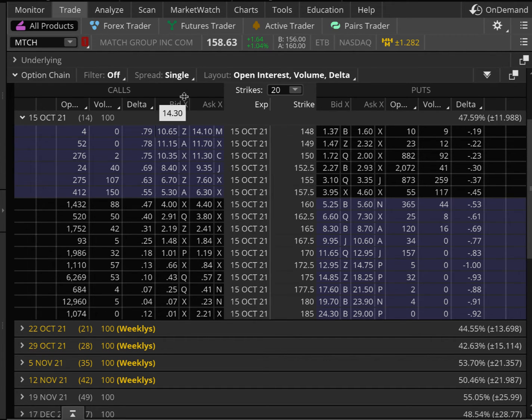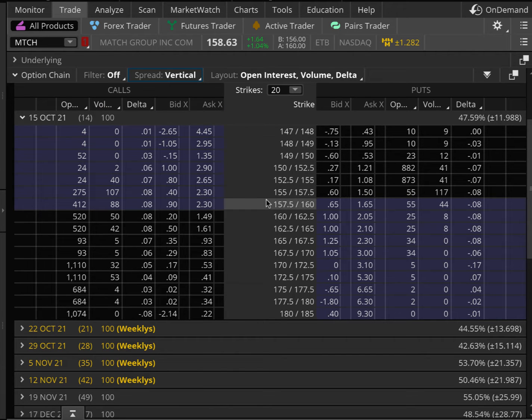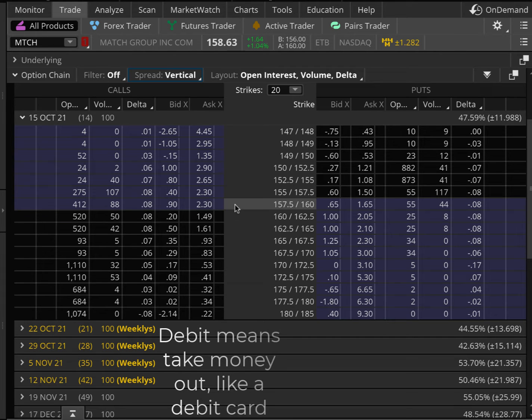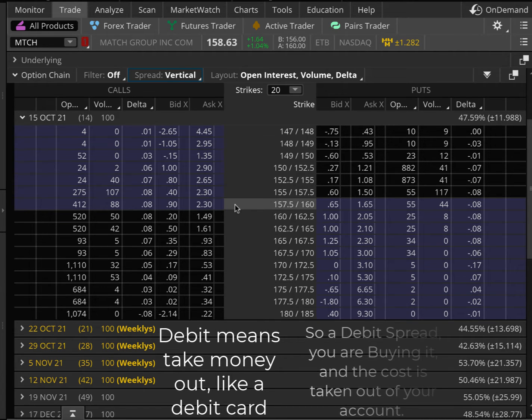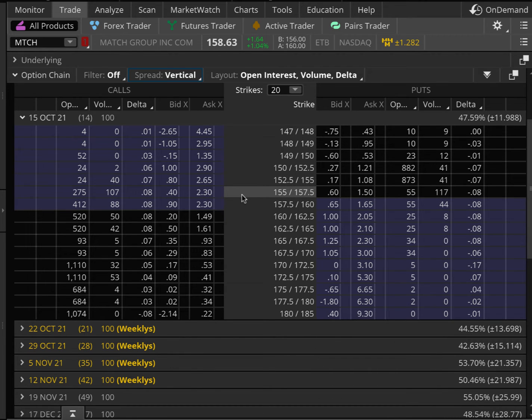So that's single leg options. You could also do vertical spreads. And what a vertical debit spread is, you're buying a call still, but instead of paying $700, you're going to reduce the price of your purchased call by selling a call further out of the money.